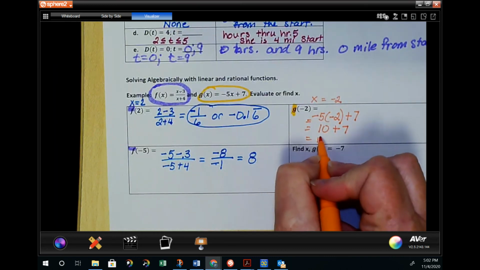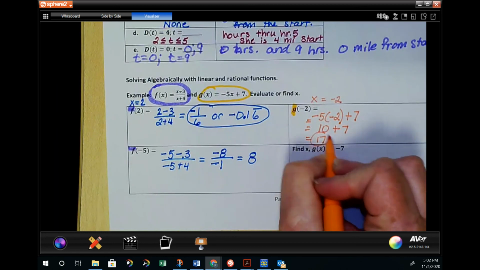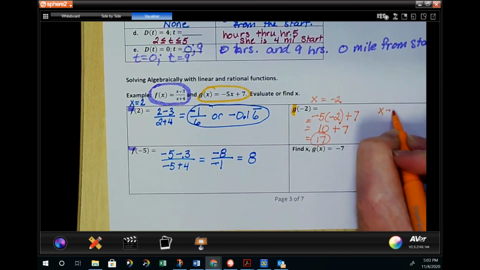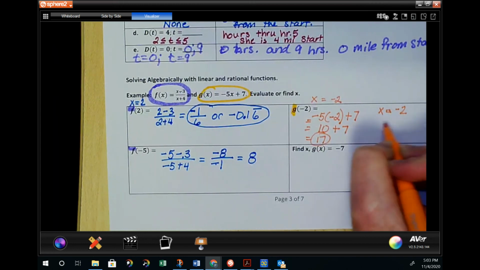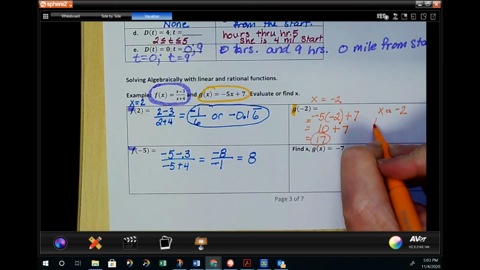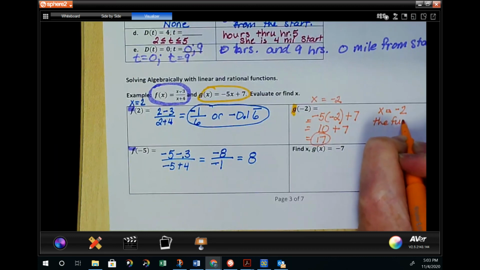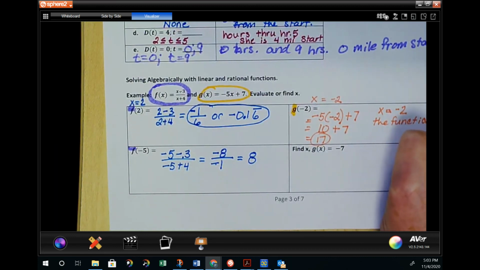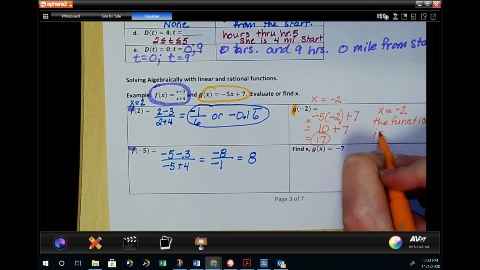So this says when x is equal to negative 2, then the function, and we're calling this g, is 17. That's the real life meaning of what that function notation is.